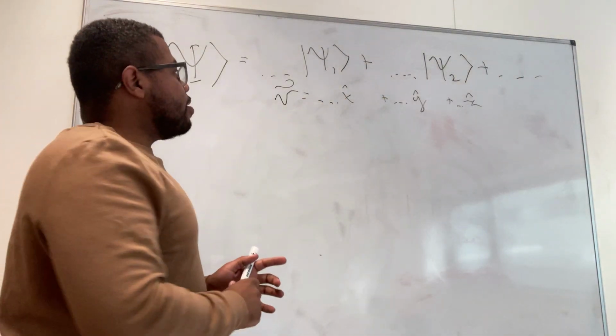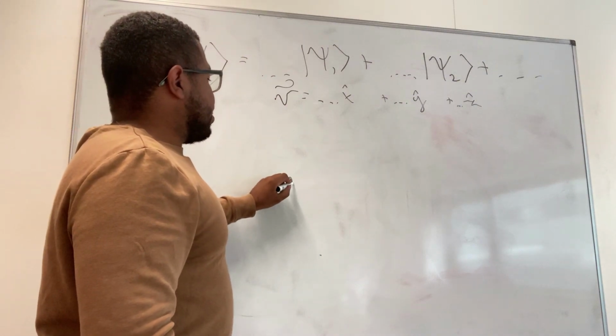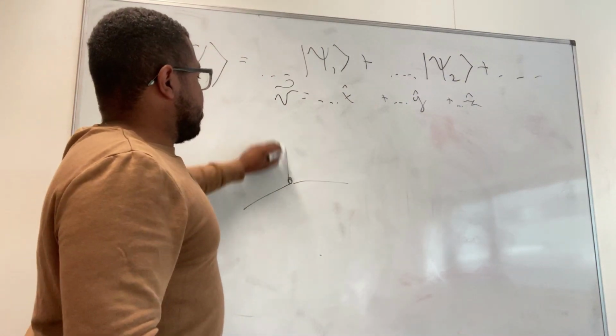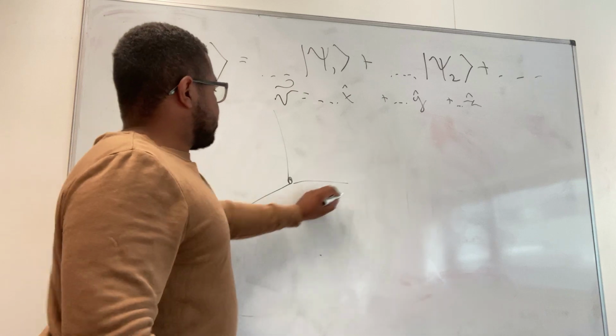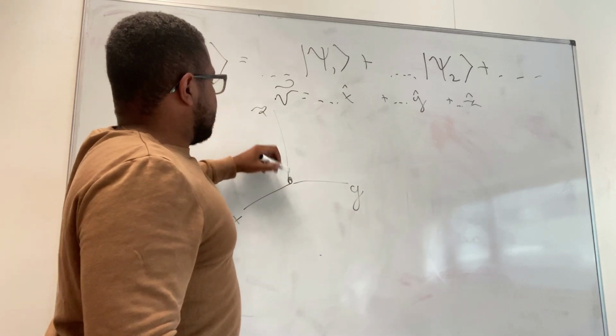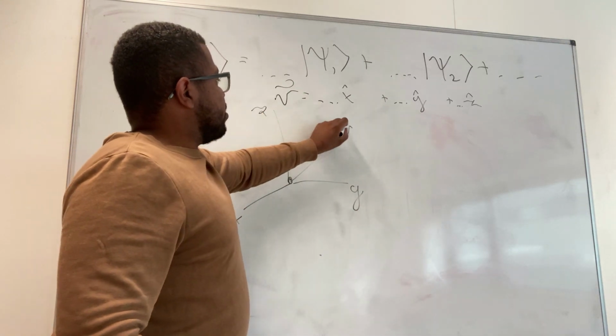So if I have a vector in a Cartesian coordinate system with x, y, and z, I have a vector being made like this.